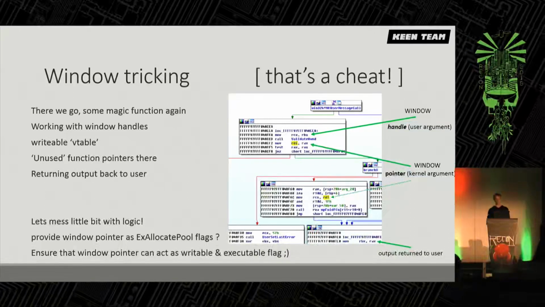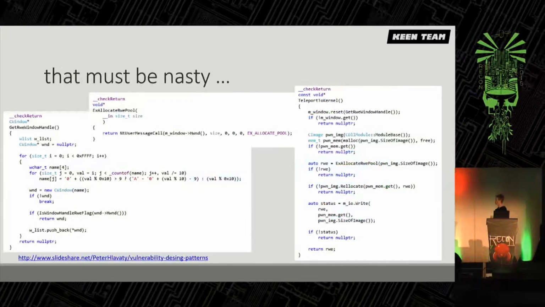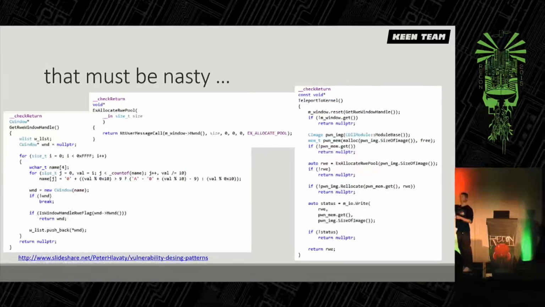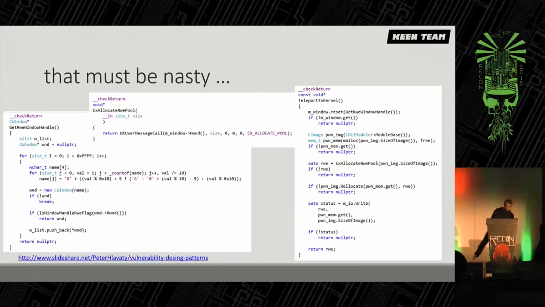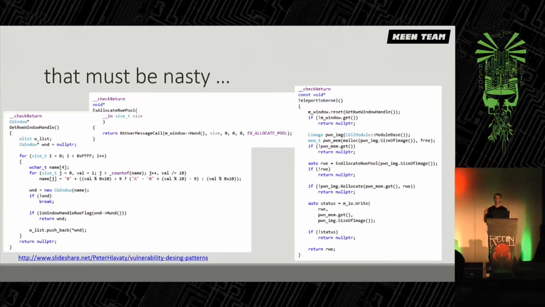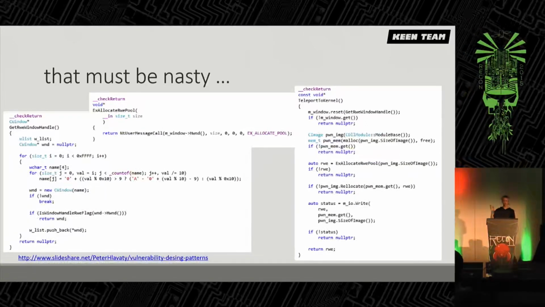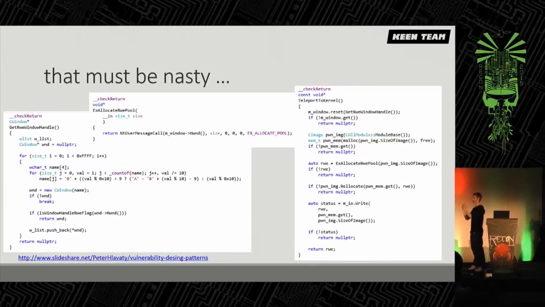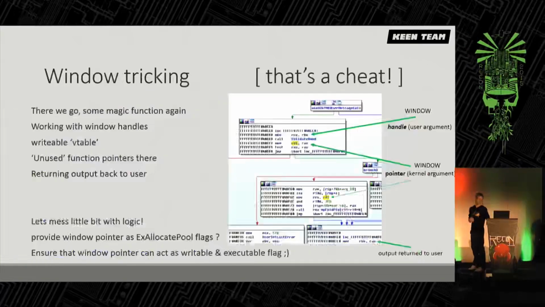But how to achieve it can be a little bit tricky, though in fact it isn't so tricky. The only thing you need to do is create a lot of windows, and for each window you call NtUserMessageCall and read the handle, because you can use a trick in this function.